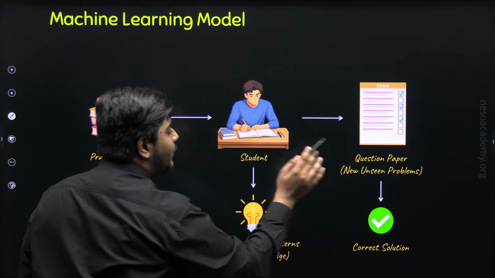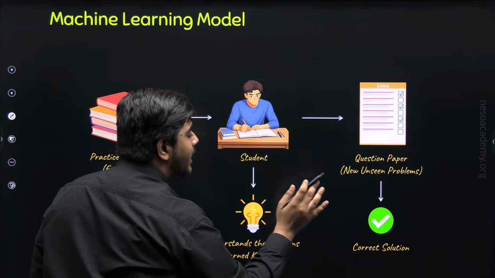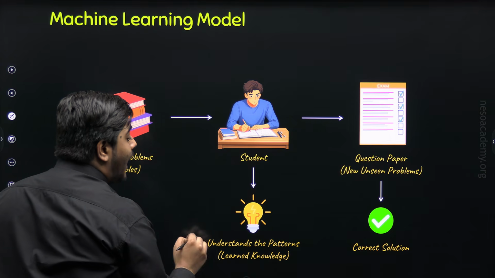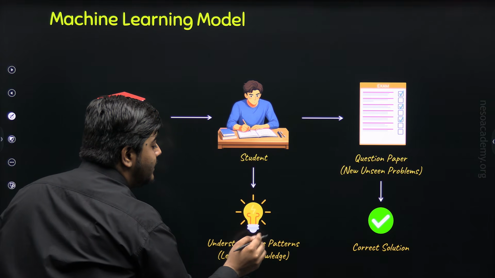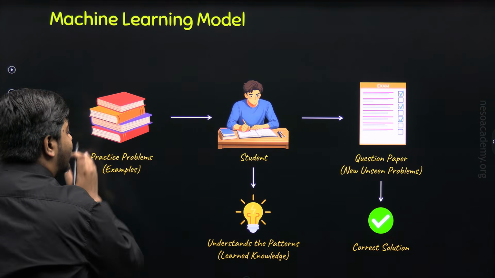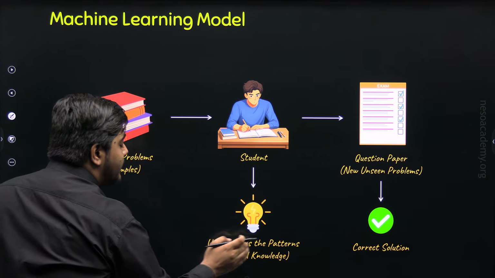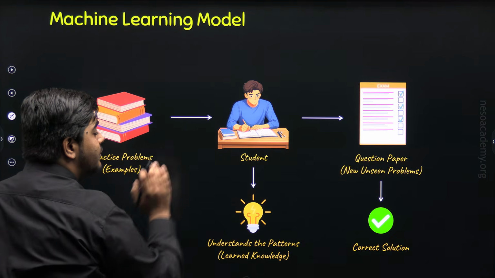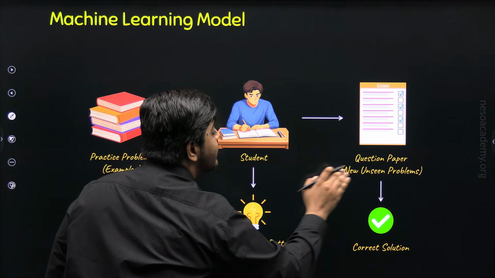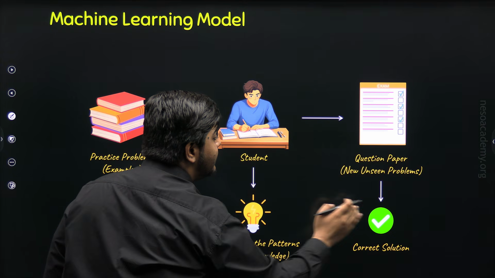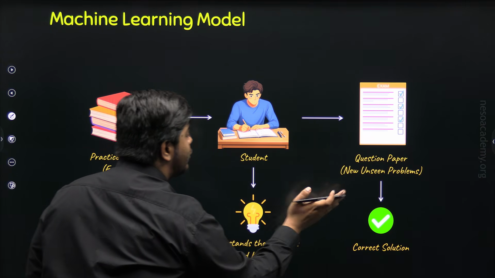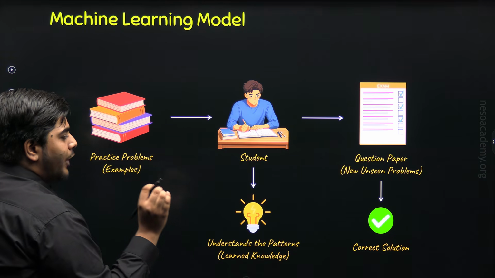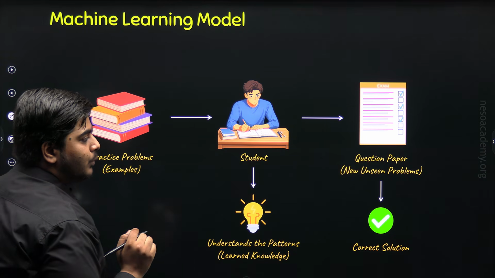Yes, the student will be able to solve these problems correctly. Why? Because the student has understood the underlying patterns and concepts behind the practice problems. This understanding, or we can say this learned knowledge, will help the student to solve even the unseen problems, because these unseen problems are also based on the same patterns of these practice problems. So I hope this example is now clear to you.